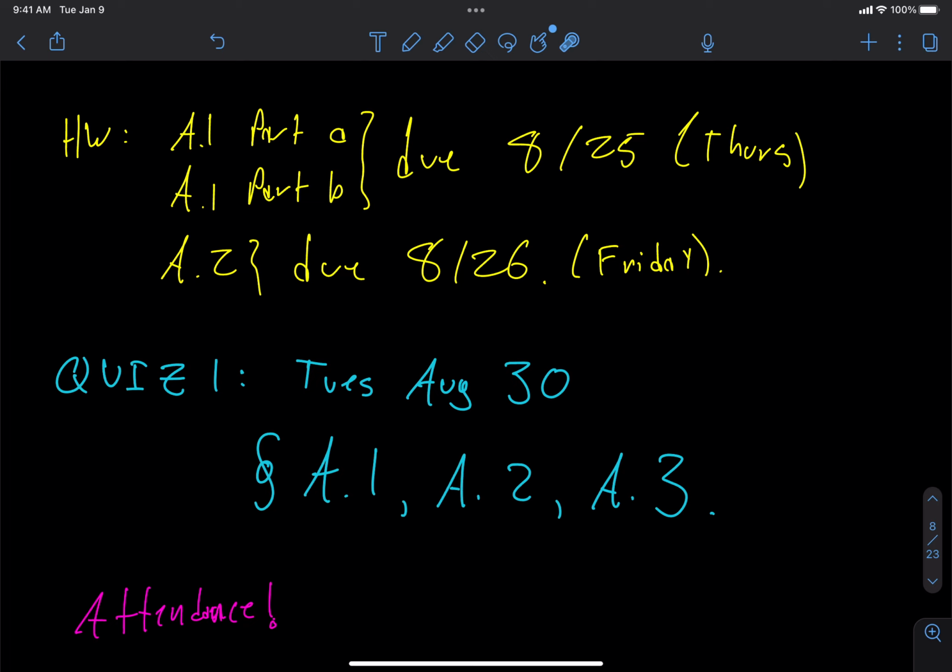I'd also like to announce the first quiz, which is going to be 1 week from today. The sections which are going to be relevant for the quiz are A.1, A.2, and A.3. Just like the exams, for the quizzes, the problems on the quiz will be taken directly from the homework.